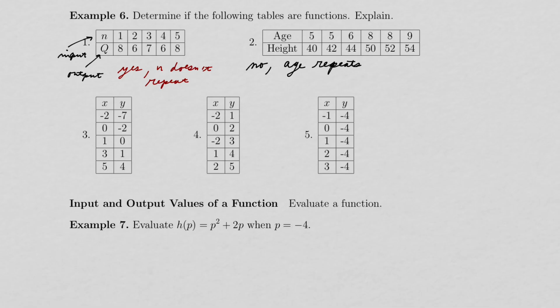Each input can only be associated with one output value. All right, what about this case? If the x is the input, the y is the output. All those x values are distinct, right? So this is a function. So I'll say yes, x doesn't repeat.